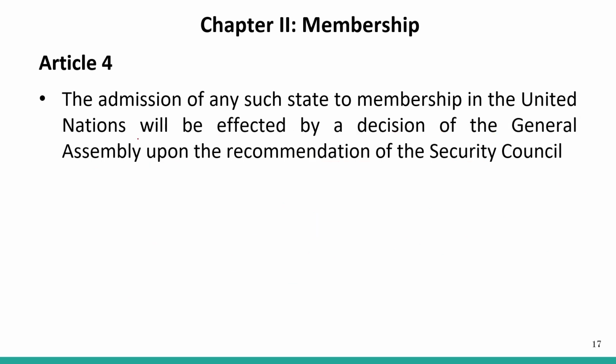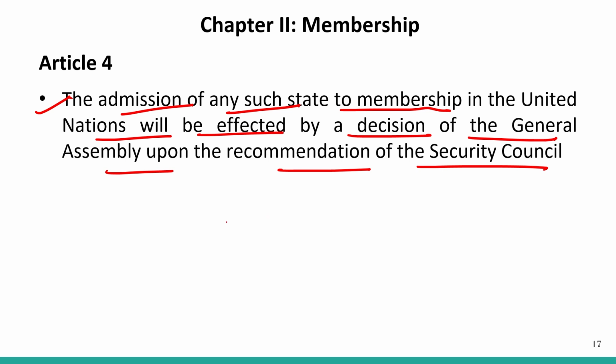Article 4 is continuing here. It is saying that the admission of any such state to membership of the United Nations will be effected by a decision of the General Assembly upon the recommendation of the Security Council.